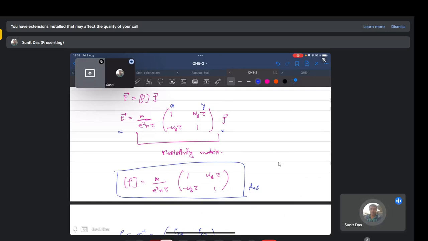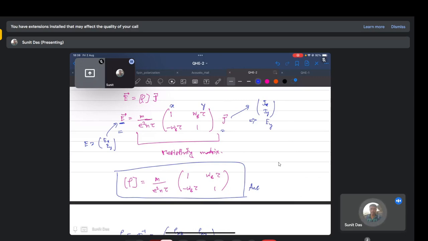notation. So from this expression, what we can get is that Ey, the second component, we can write as Ex, Ey here, and then J here we can write as Jx, sorry, Jy matrix, right? 2 by 1 matrix.